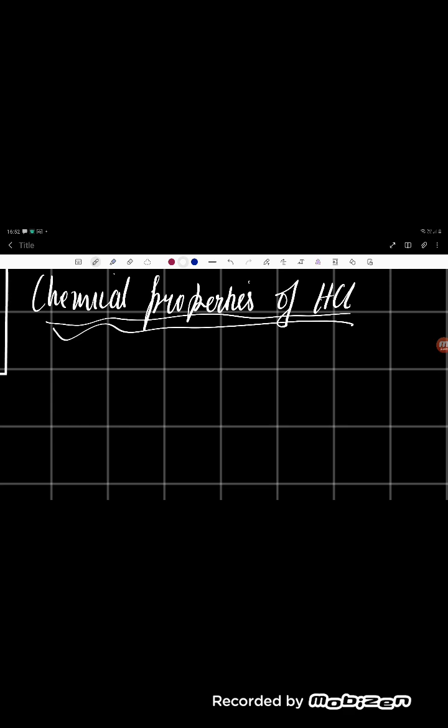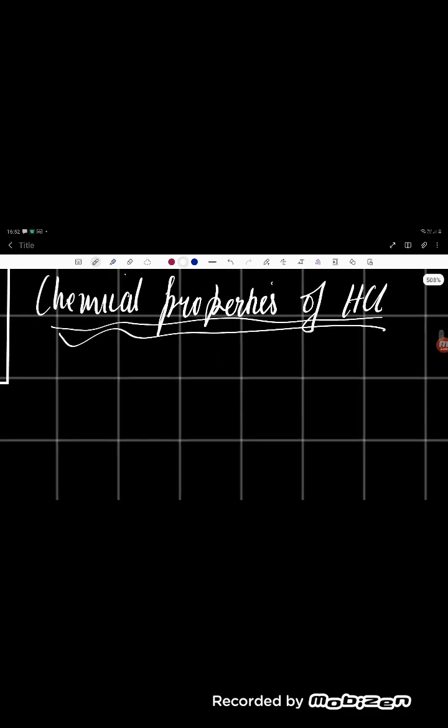First, let's talk about chemical properties of hydrogen chloride gas. It is a non-combustible gas. It doesn't support combustion.